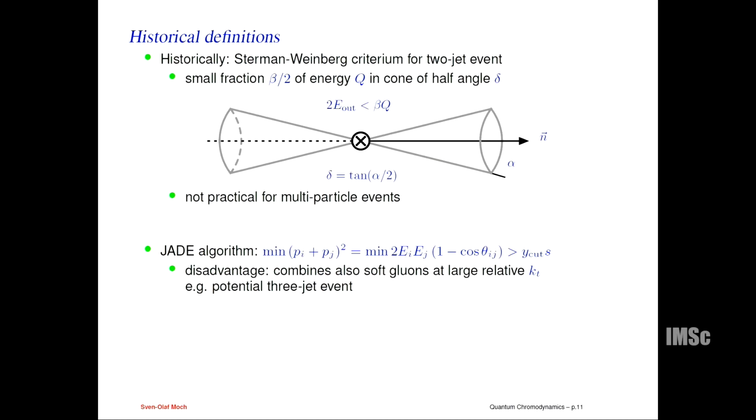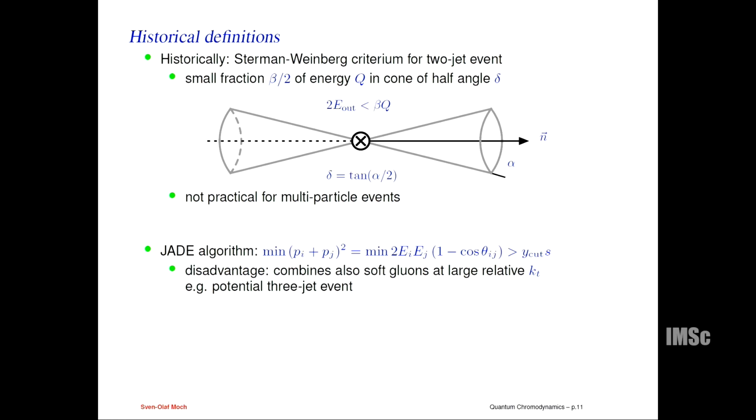And the historical definitions of jets, I think the first one was due to Sterman and Weinberg. They came up with a criterion for a two-jet event, where they simply said, okay, let's talk about a two-jet event.